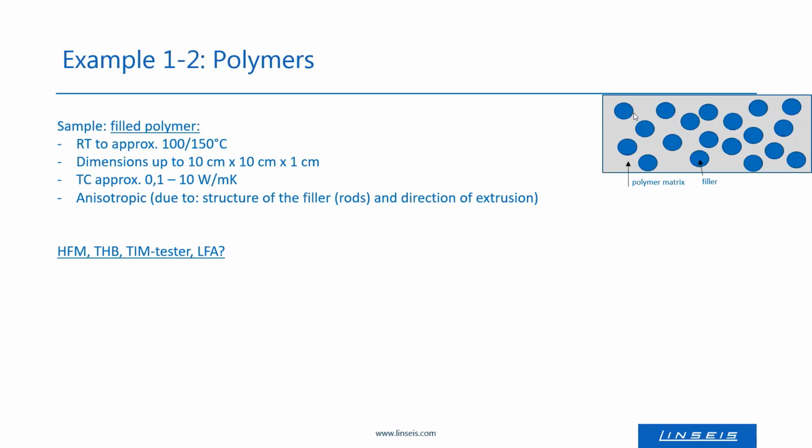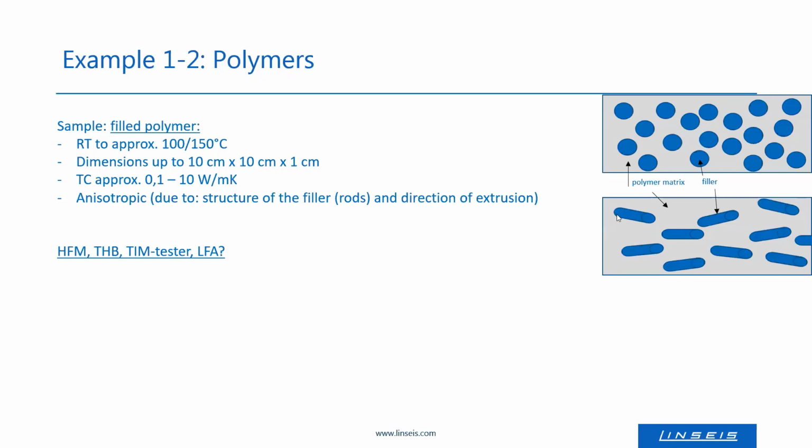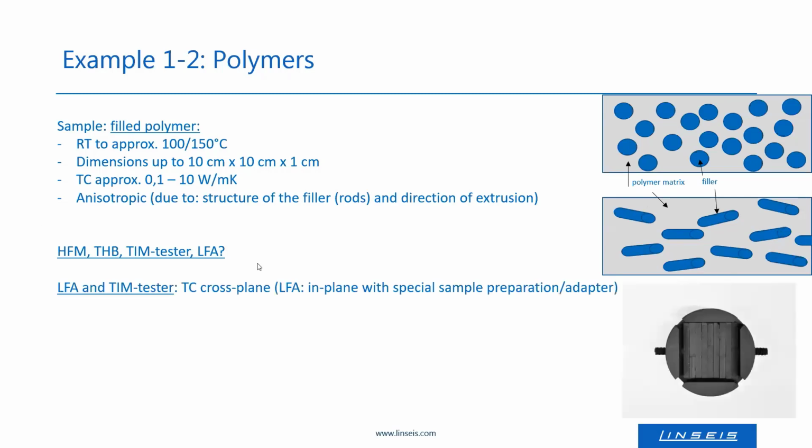The polymer matrix is isotropic, but if your filler has a rod-shaped structure and you do an extrusion in a certain direction, then the rods will be directed, and thermal conductivity perpendicular to the sample plane will be different from the thermal conductivity in the plane. So now things are a little bit more complicated. Which instrument to choose?